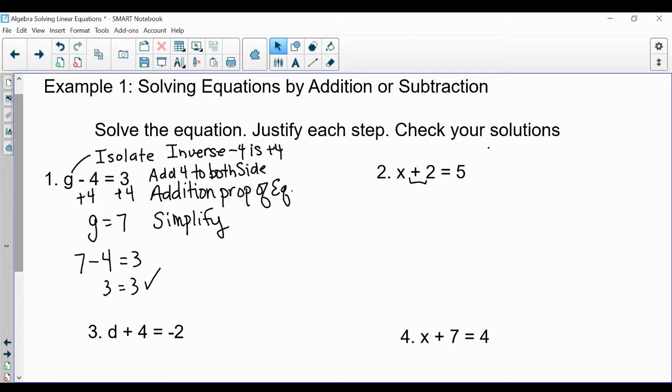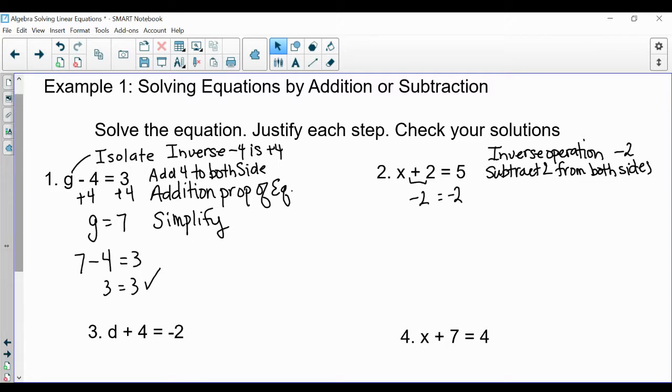So the inverse operation is to subtract 2. I'm going to subtract 2 from both sides. So minus 2, minus 2.